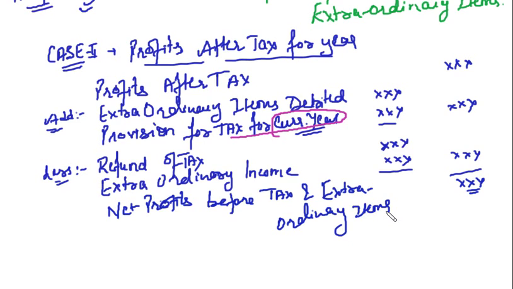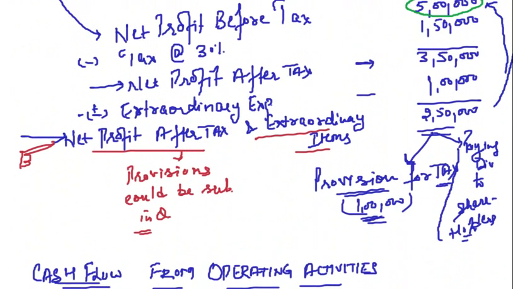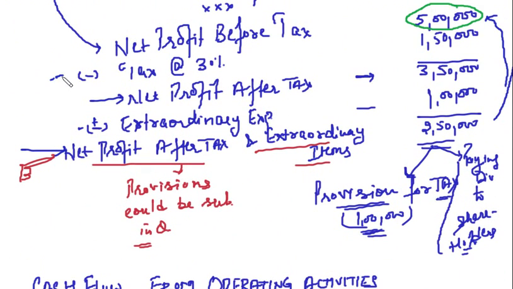For the current year, there is no tax paid, but there is a provision for tax, right? You will say, sir, why didn't we consider this amount, tax at the rate of 30%? This is the provision for the current year. In the current year, until we reach the close and prepare the profit and loss account, we do not reach this tax amount.